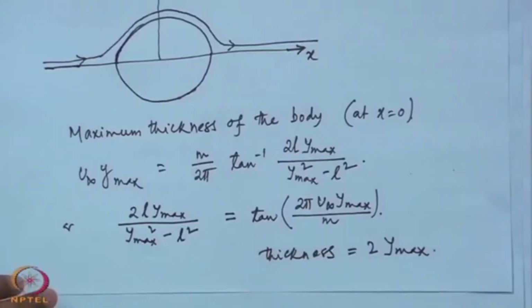But for a given oval, you have to find what would be the source and sink strength. That is what is unknown to you for the practical problem, and that source strength can be obtained say from this formula or something like this, or the actual thickness will be known to you.